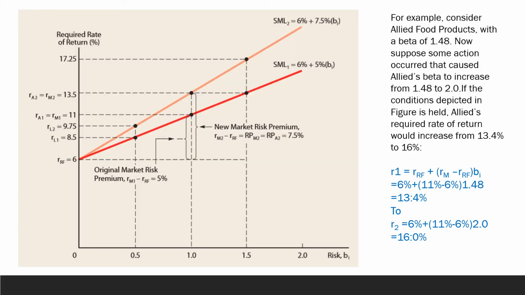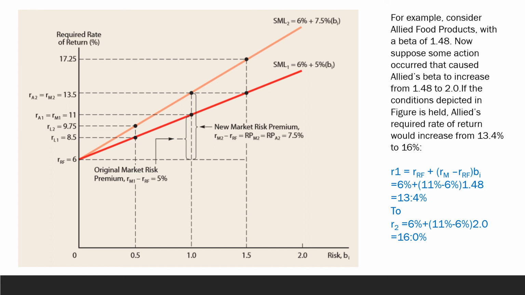So once again, we go to the SML chart to see what conditions can change your required rate of return because the value of the stock changes. So that gets factored into the equation.